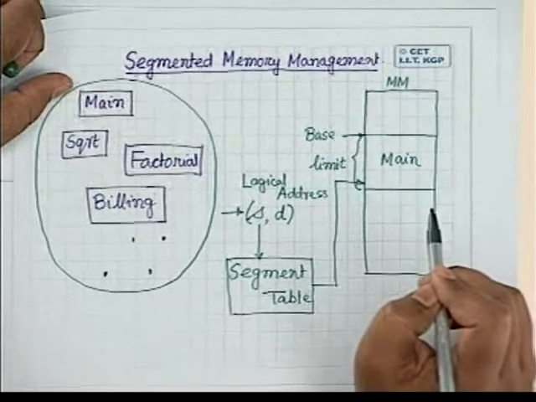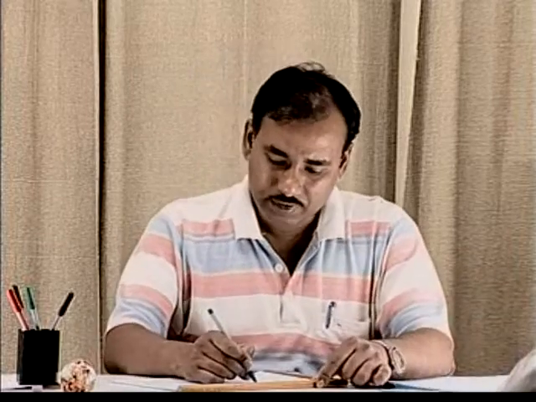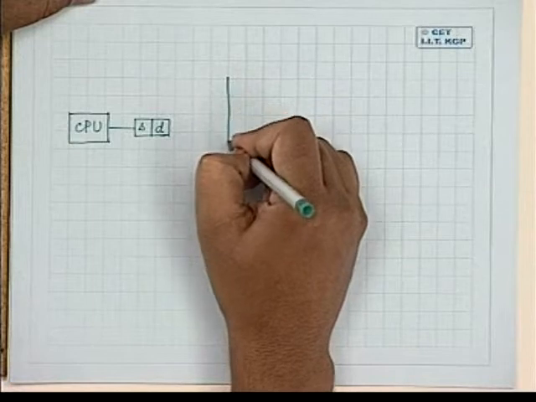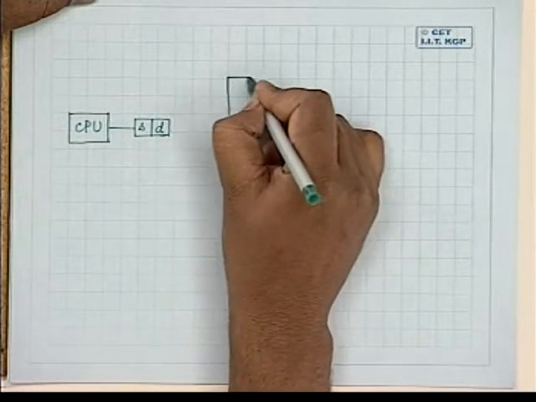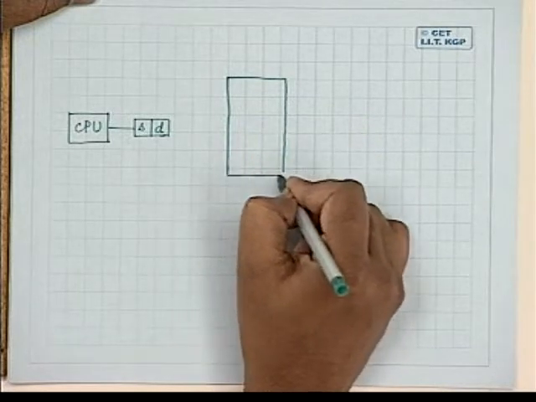Okay. So the first check that you have to make is whether this offset within the segment, D, is less than limit or not. Only when it is less than limit is the addressing valid. If it becomes greater than limit, then the address is invalid. Accordingly, the segment table will have entries, and every entry in the segment table will have two fields.